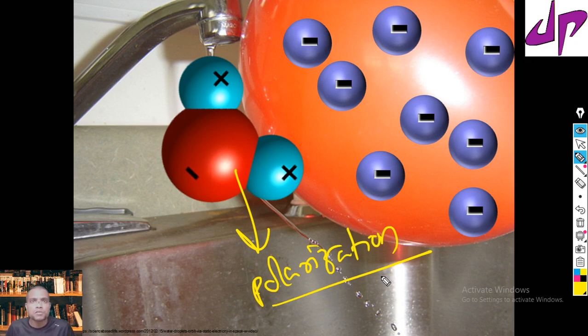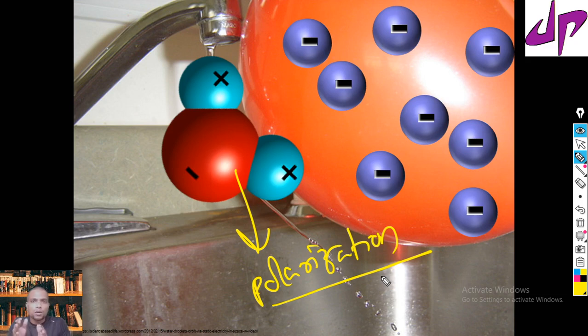It is not due to charging by friction, it's not due to charging by induction, it's due to polarization. And this effect is not permanent. If you take away the balloon, obviously the water stream will again fall in a straight line.